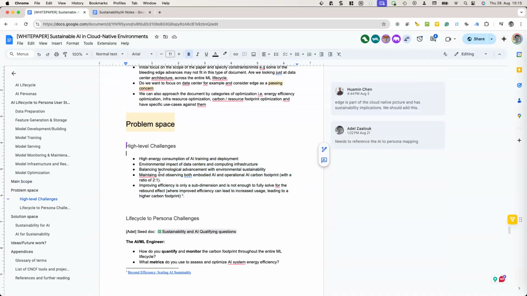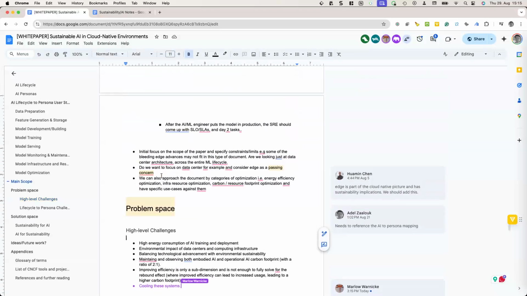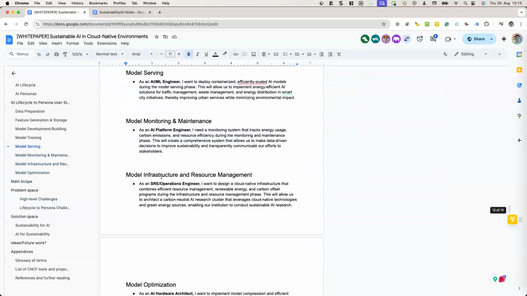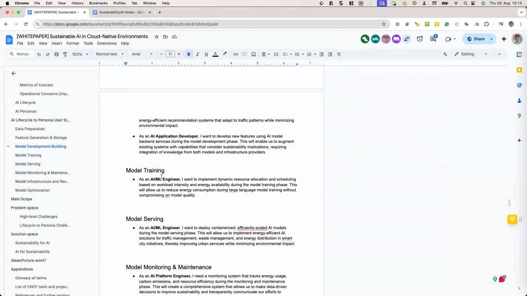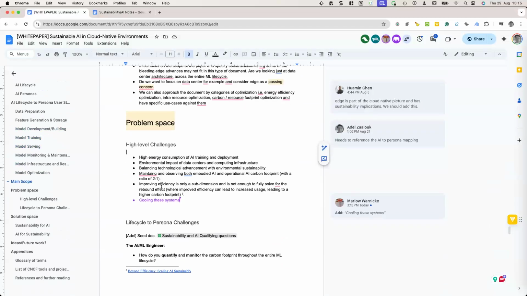So I could take one challenge, you could take another challenge, and Krishna and Yuan could take other challenges, but we would have to figure out the core problems here. Some of those are already described in the context of the lifecycle and the user story mapping, but we'd have to extract them here. Or do you have other ideas for how you want to write this section? Because I think this is the section where we divide and conquer. I think this is a good one to divide and conquer.